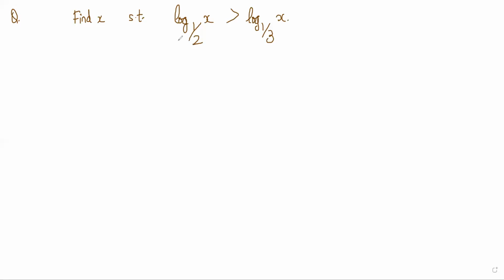An idea I got was that log 1/2 x can be written as log 1/3 x by log 1/3 1/2. That's not a very good one, but yeah, you can do that. If this is greater than this, just bring it on one side and try to simplify.